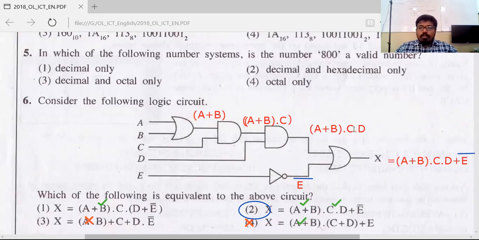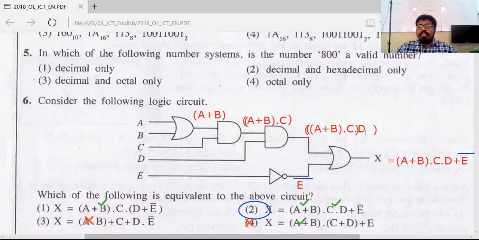In this case, you can provide a bracket right here and bracket right here. And also you can provide the bracket here and bracket here. But no worries because it is AND gate.